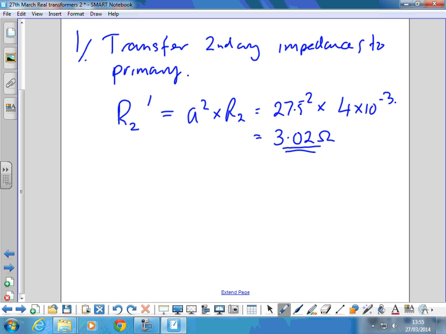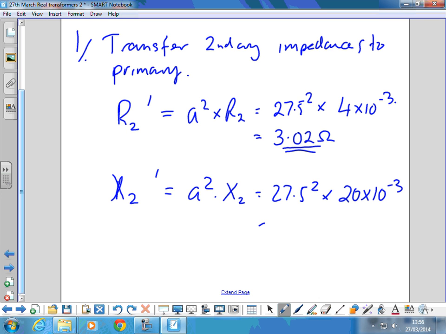Second value, X2 dash is A squared times X2, 27.5 squared times, what was the value of X? 20 times 10 to the minus 3. What does that come out as?